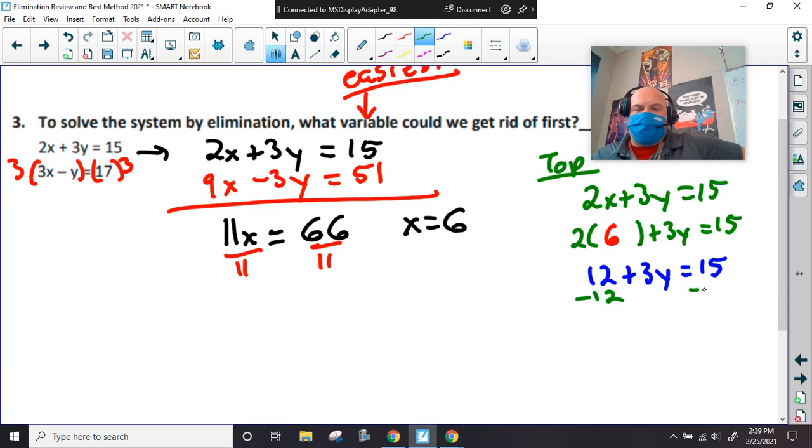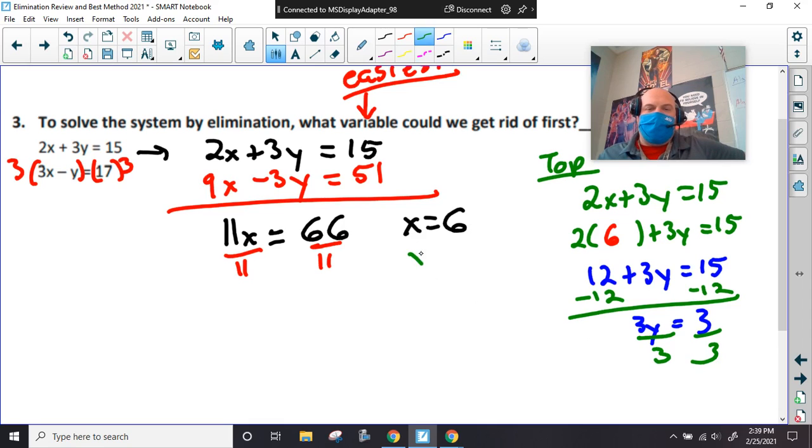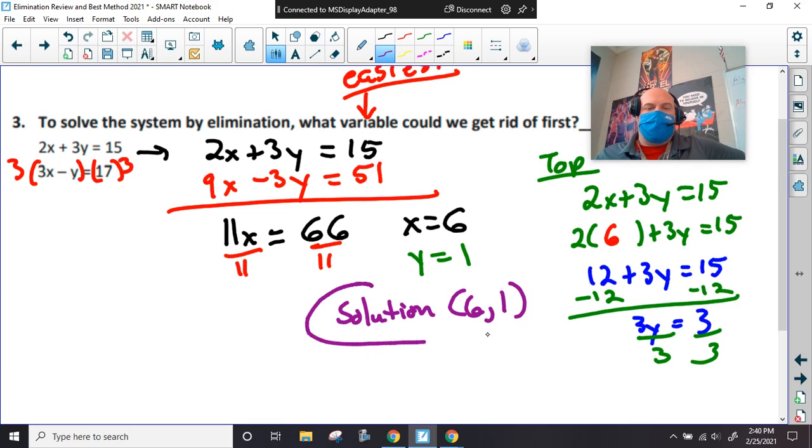Subtract 12, subtract 12. 3y equals 3. Look at there. Well, I declare, y is just 1. So our solution is 6, 1. Yes, all dang it.